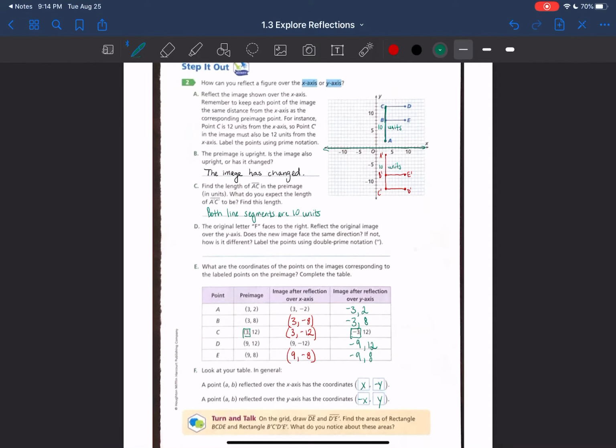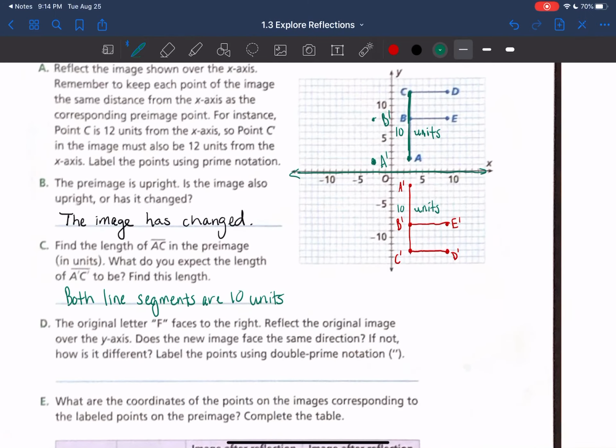So -3, 2, that is A prime. -3, 8, that's going to be B prime. And then C prime, -3, 12.